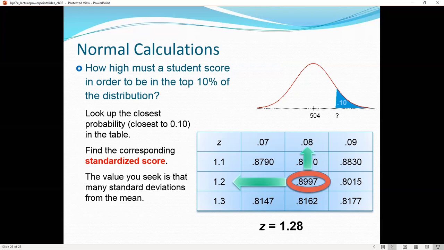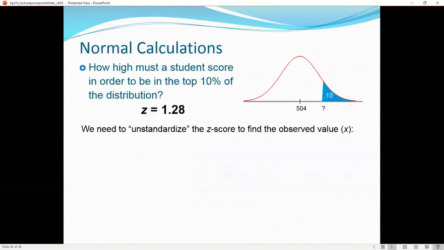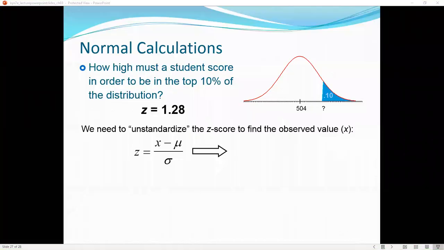So we have the z-score 1.28. And now we need to unstandardize this z-score to find the observed value x. We start with z equals the quantity x minus mu divided by sigma. That's how we standardize.